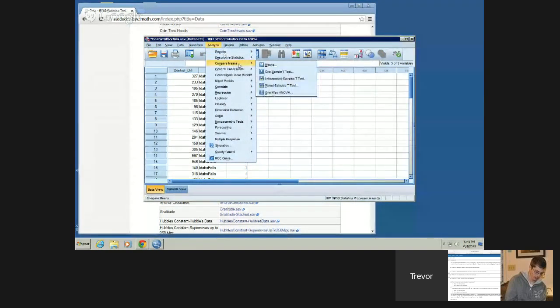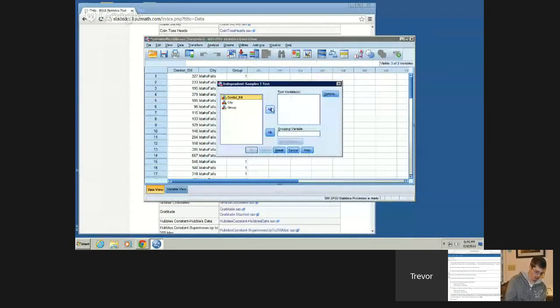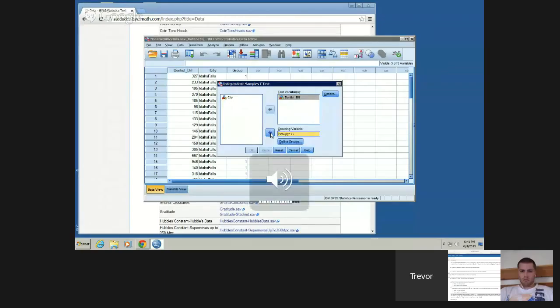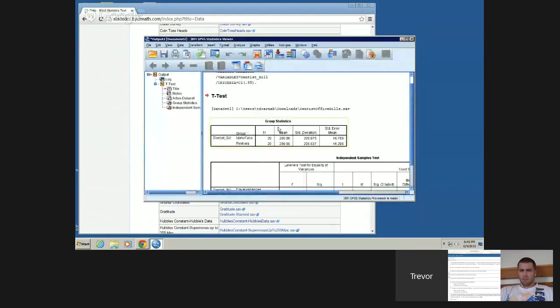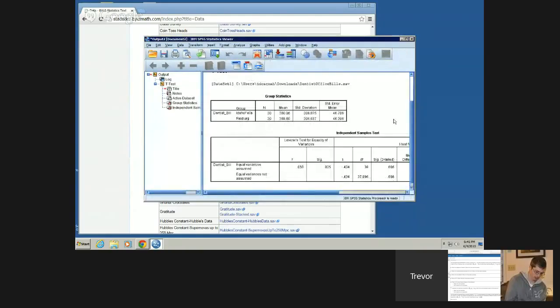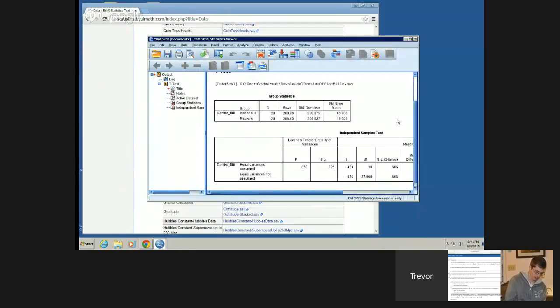And then you should go to analyze, compare means, independent samples t-test. And then the grouping variable is the new one you just created. And then you have to define the groups. So just like 1 and 2. Yeah. Perfect. Okay. So that should give you everything that you need for the next couple questions.